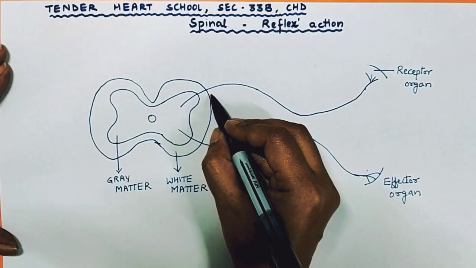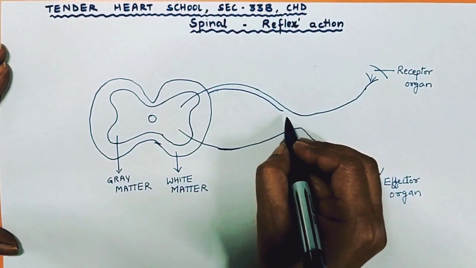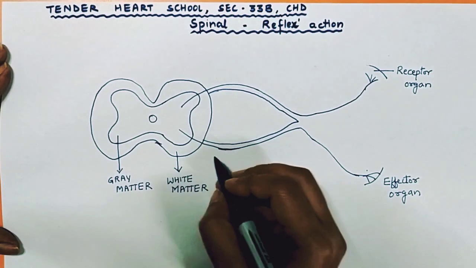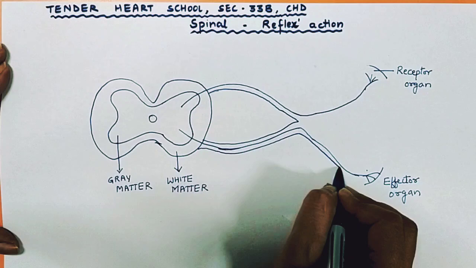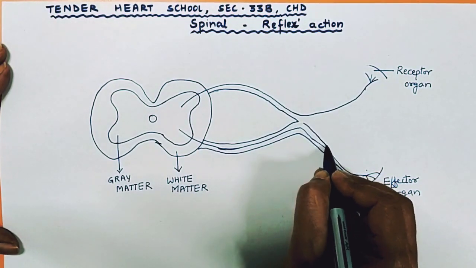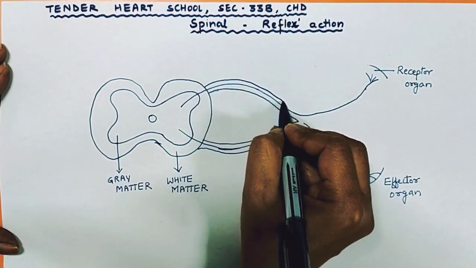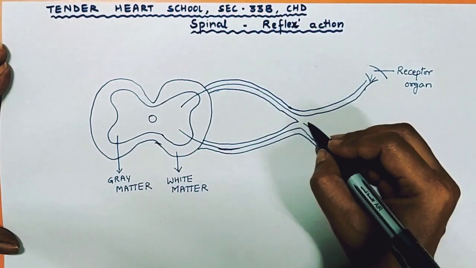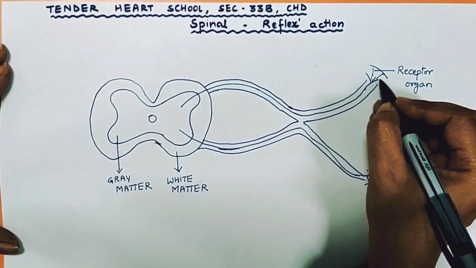So this is our dorsal side, dorsal root, and this is our ventral root. So in the ventral root we have the motor neuron, and on the dorsal side, dorsal root, we have the sensory neuron, right? So like this.